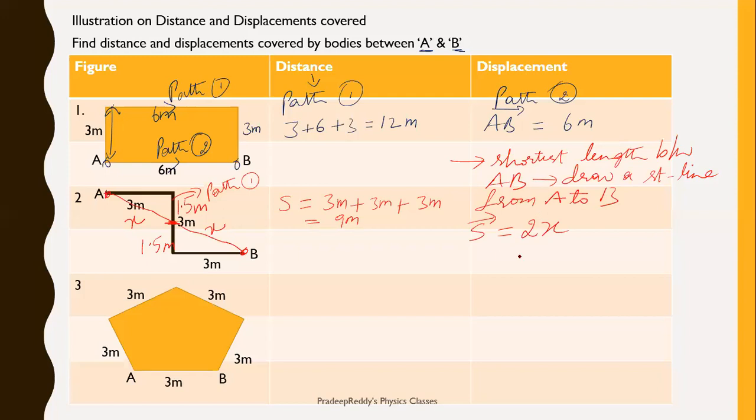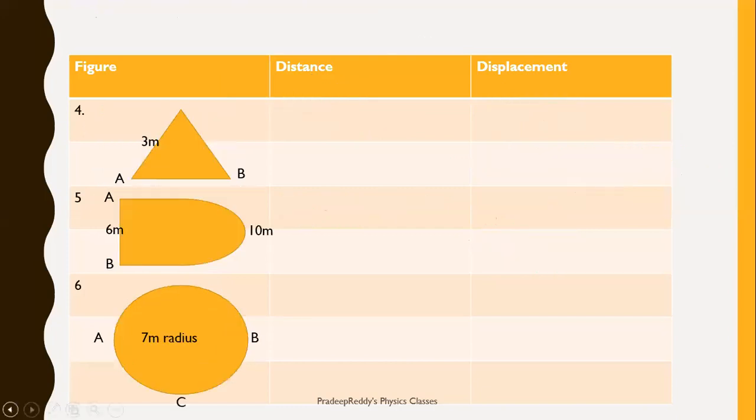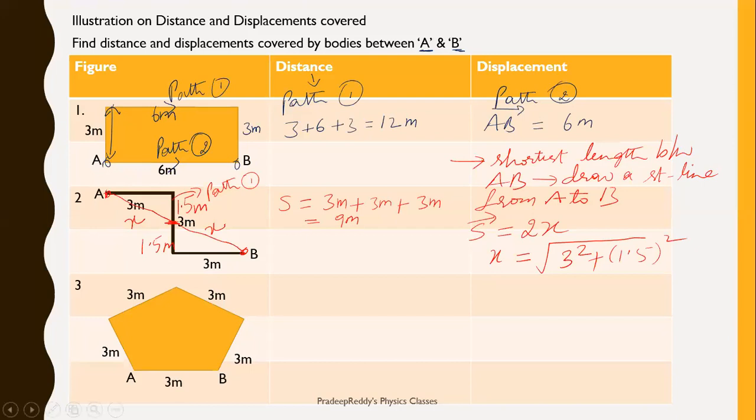How will you find it? You can use Pythagoras theorem. x will be equal to the square root of 3 square plus 1.5 whole square. 3 square is 9, plus 1.5 whole square is 2.25, under root.